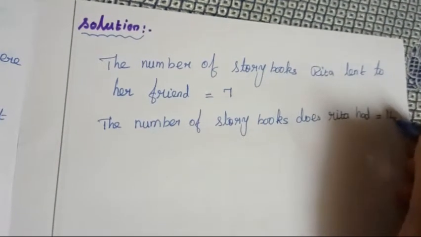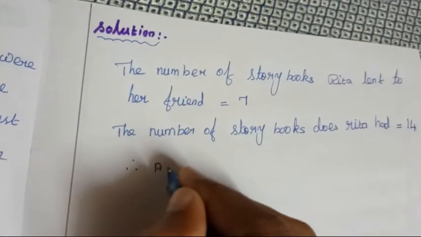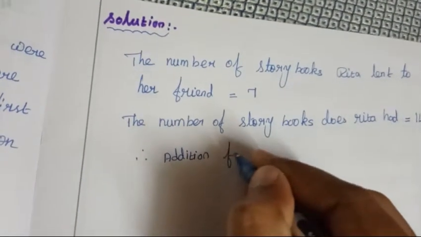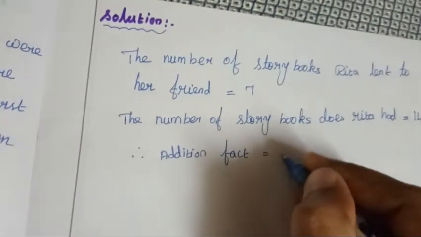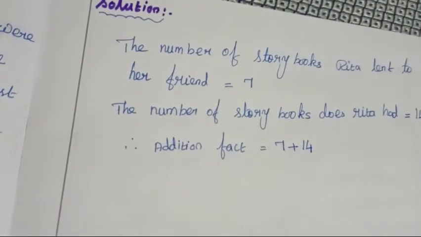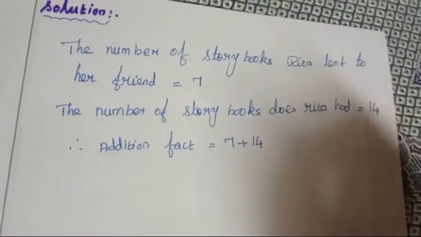The number of storybooks Rita had is 14. Okay, so now the addition fact is 7 plus 14. Now children, you have to add these two numbers and find the answer.